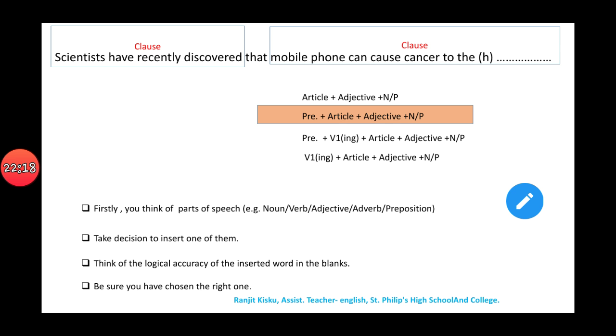So we got a preposition, then an article. An adjective is needed to modify the noun. Here is no noun, so we need a noun. The noun is "users": Scientists have recently discovered that mobile phone can cause cancer to the users. Okay, so in this way you can solve the questions, or you can answer the fill in the gaps.